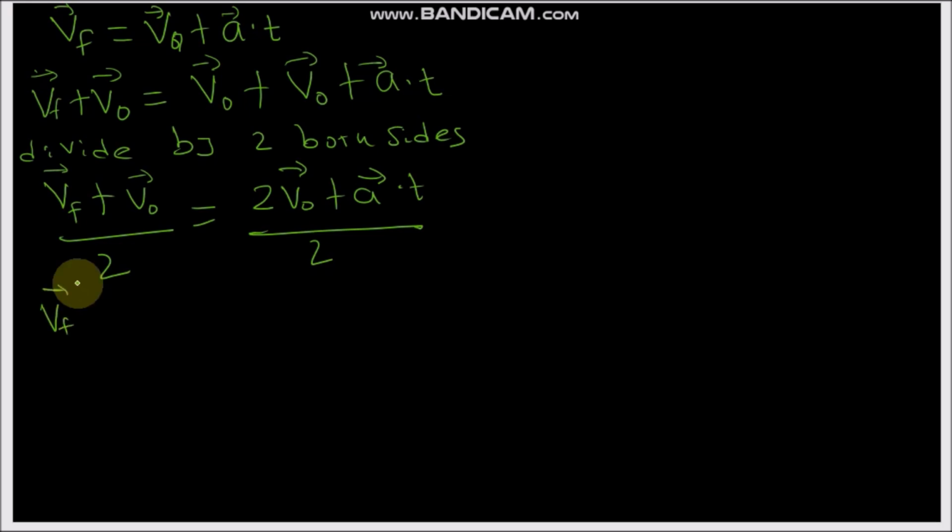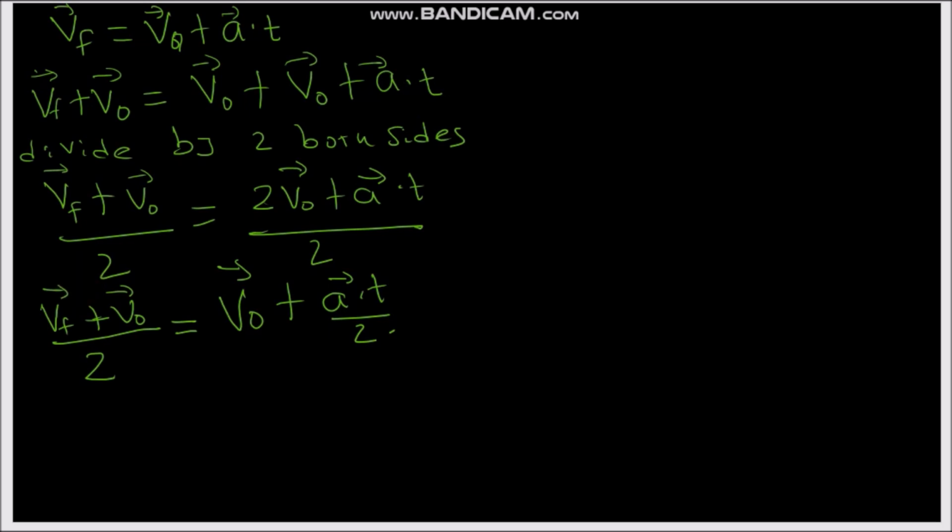V final plus V initial over 2 is equal to this. In mathematics it's very simple, 2 by 2 gives V naught, then acceleration times t over 2 plus acceleration times t over 2. We already divided by 2. Until this step, I think it's clear for you.